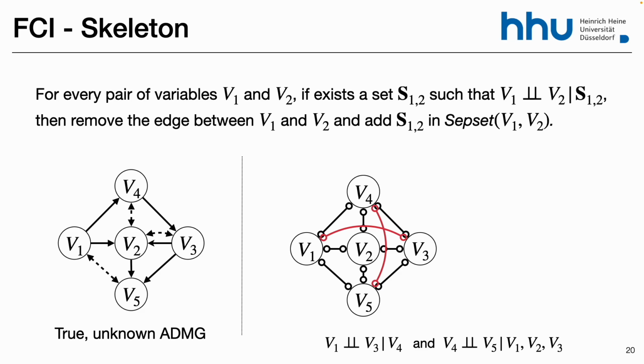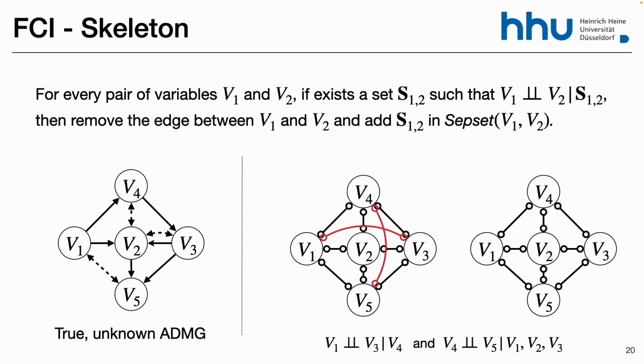So we don't know that, but you can check. V1 and V3 will be independent given V4, and this is removing our edge between V1 and V3, which is in red. V4 and V5 are independent given another conditioning set here. That's why we are removing the edge between V4 and V5. So this is our skeleton. This ends the first step.